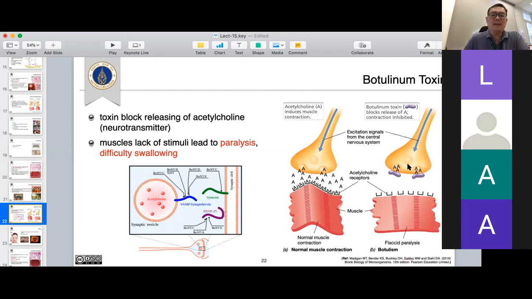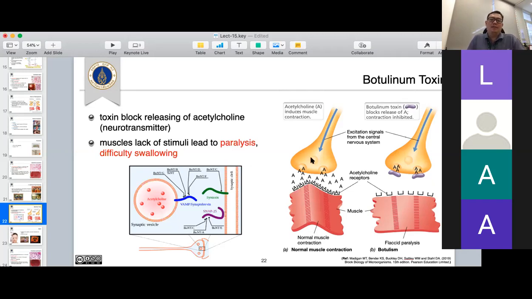Muscle never contracting means the muscle is paralyzed. The disease is the opposite situation to tetanus. People die in severe cases from paralysis. All muscles in your body cannot contract: your heart cannot pump blood, your lungs cannot contract, the gut and intestine cannot contract, so you completely die.